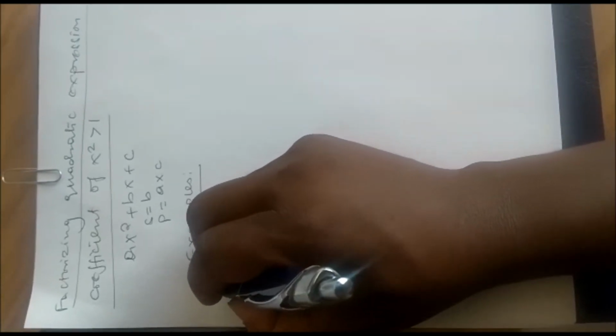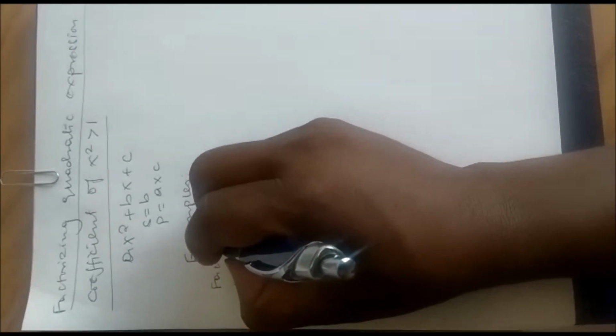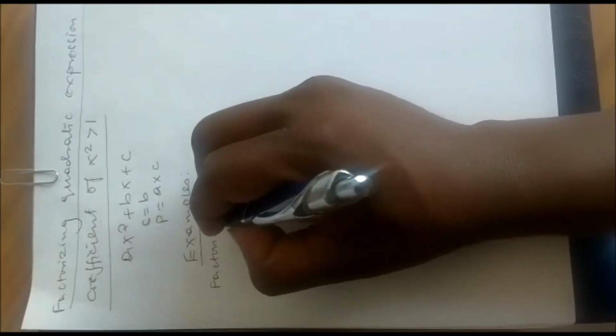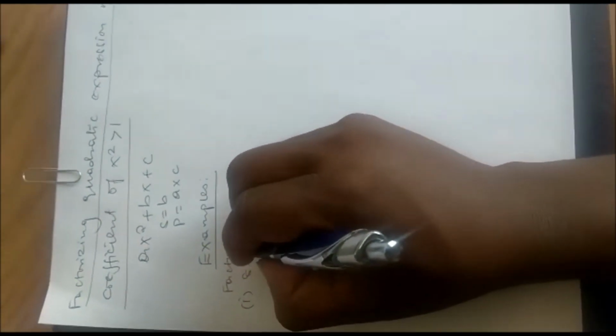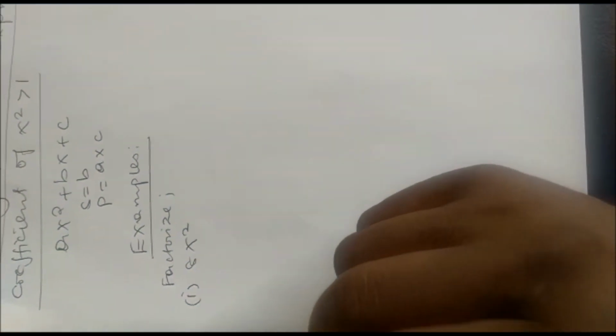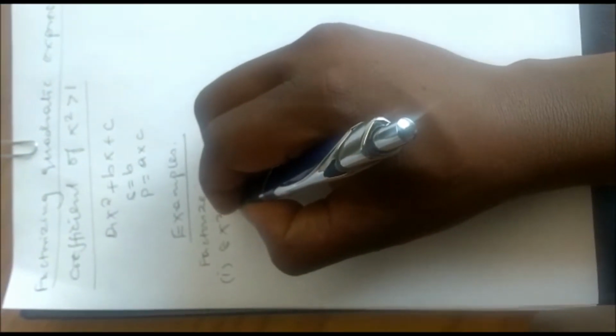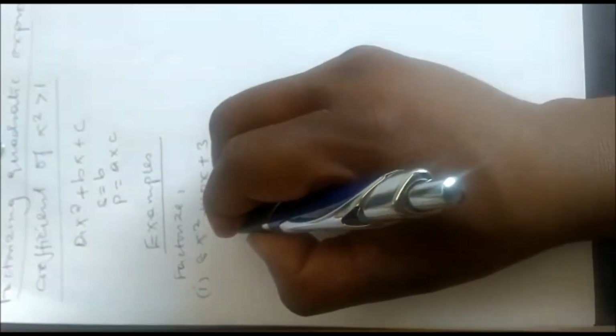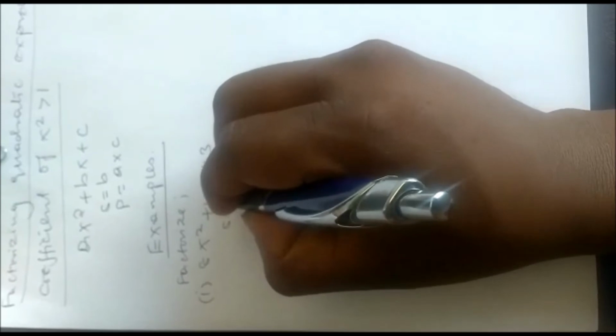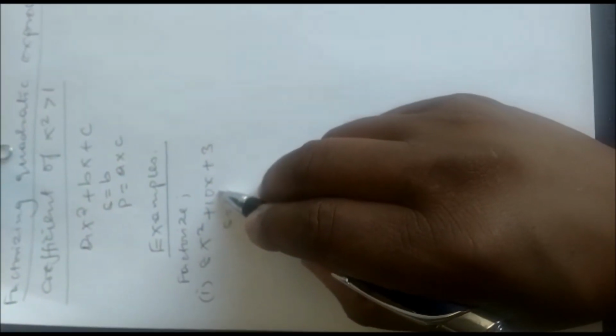So suppose we are given the following to factorize. We'll start with our first example, which is 8x squared plus 10x plus 3. Here the sum is 10, the coefficient of x.